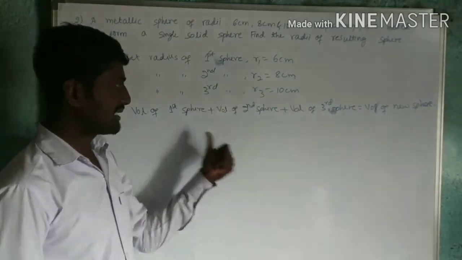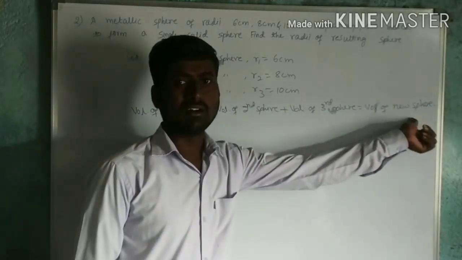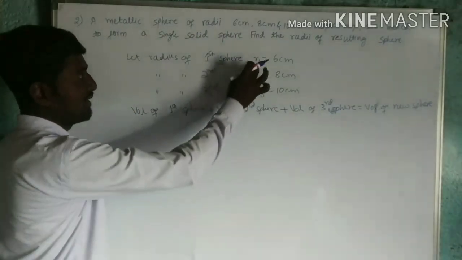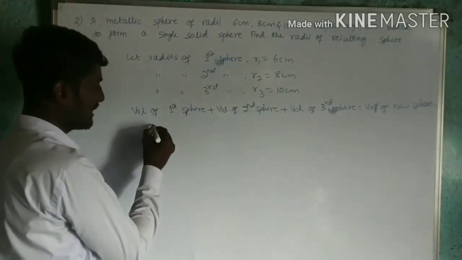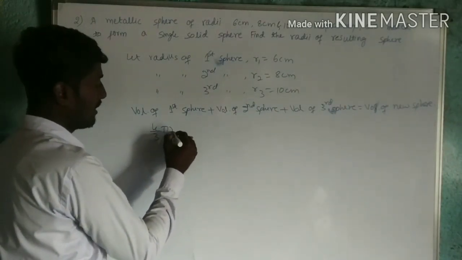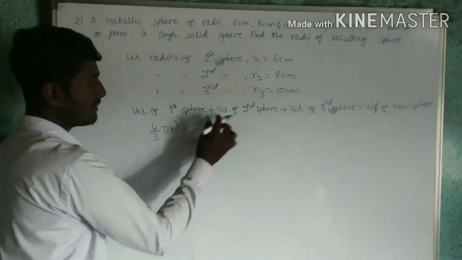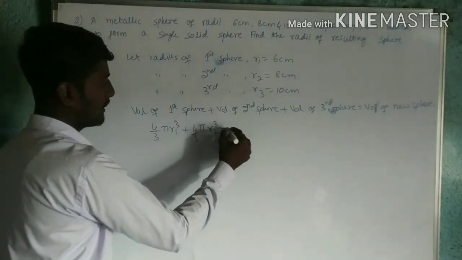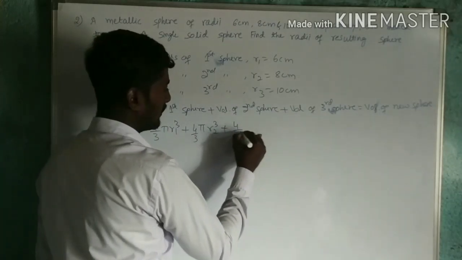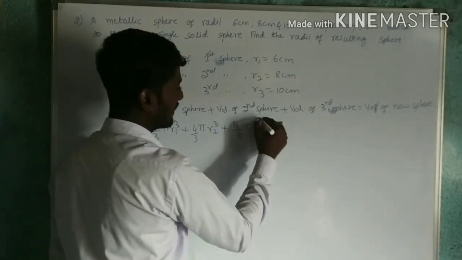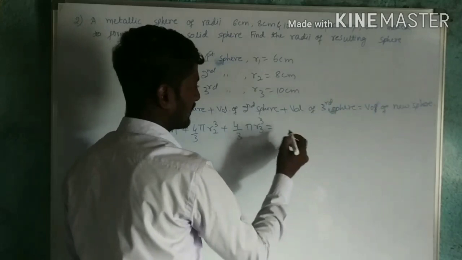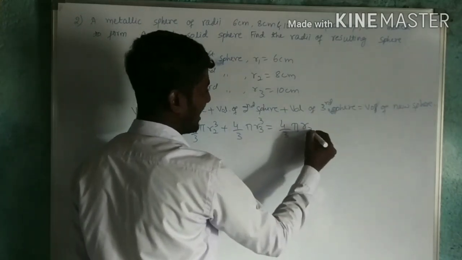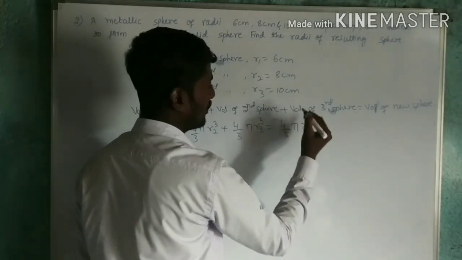Because we are melting these three spheres, we are forming one new, resulting sphere. So what is the formula? For the first sphere with radius R1, this will be 4 by 3 pi R1 cube, plus for this 4 by 3 pi R2 cube, plus for this one 4 by 3 pi R3 cube, is equal to 4 by 3 pi R cube. This I will take as only R.